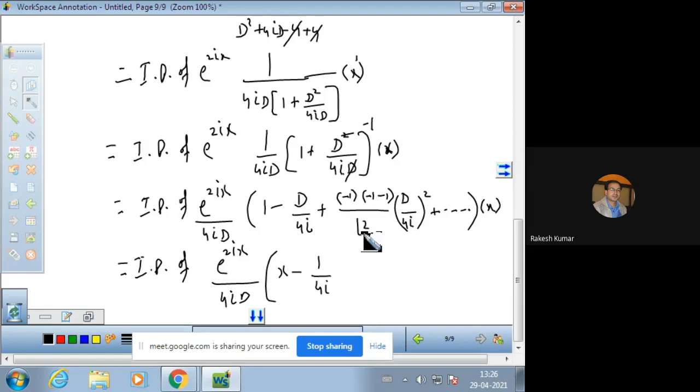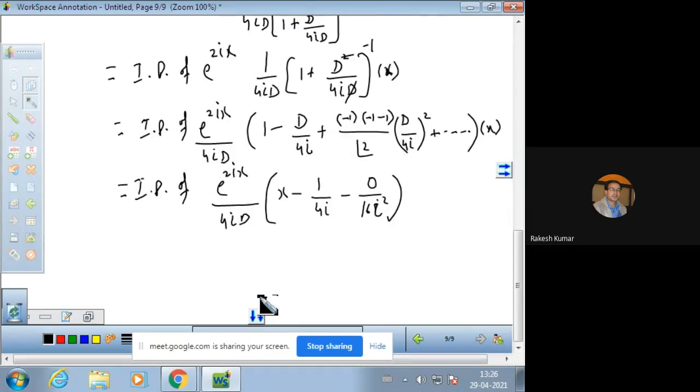There is 2 and 2 can be cancelled with the 2 factorial, and there is 16 iota square into d square. D square means double order derivative of x. Double order derivative of x will be 0. And so on. अगर यहाँ पर d square आया तो next term will be d cube, and then triple order derivative of x will also be 0. So this will be the term we have.